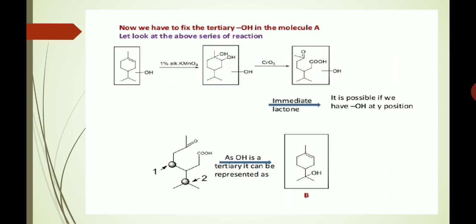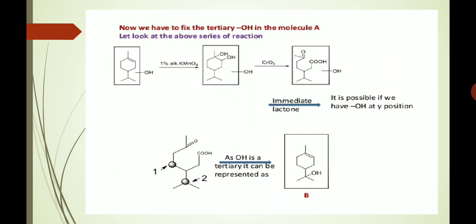So, when we treat it with 1% alkaline KMnO4, the double bond is hydroxylated and we get this compound, which on treatment with CrO3, the ring opens and we get a keto acid, and it immediately forms a lactone. It is possible if we have the OH group at the gamma position with respect to the double bond.